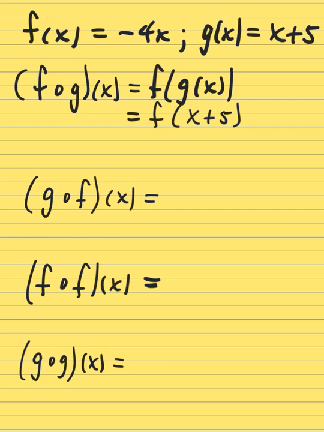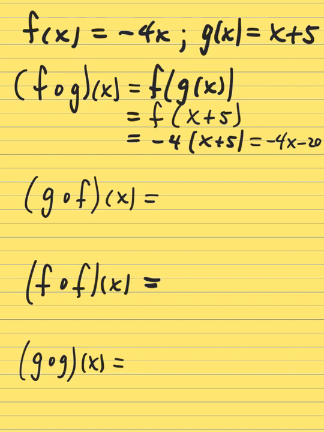Okay, so function f is, we're going to take negative 4 times whatever the substitution is. In this problem, it's x plus 5. And that is equal to negative 4x minus 20. Clean that up a little bit. There we go.